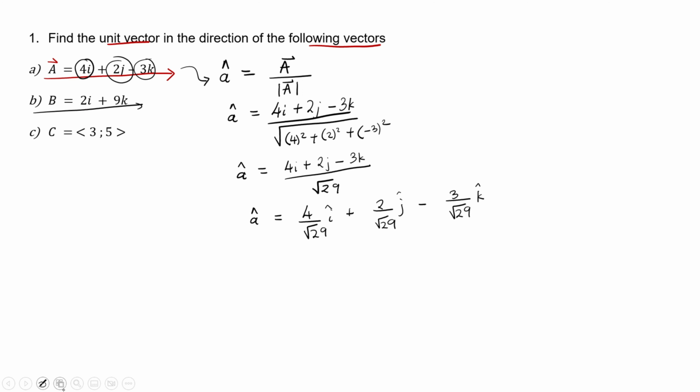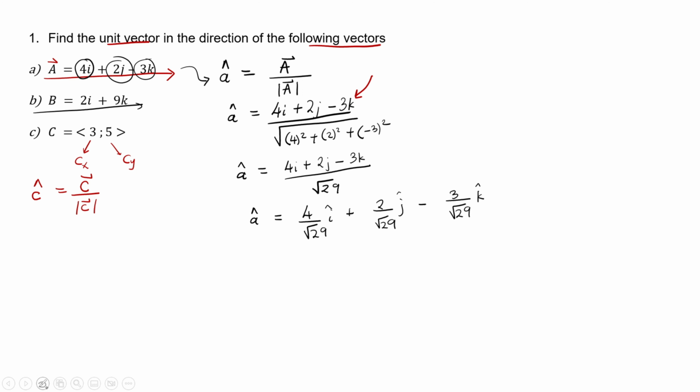Let us see C. You can see that C here is given by 3, 5. This is the x component of C. This is the y component of C. So these are the two components of C. To find the unit vector, remember that the unit vector of C will be given by the vector C over the magnitude of the vector C. The vector C is written in form of its components, but we need it in its standard base notation so that we can substitute it here.